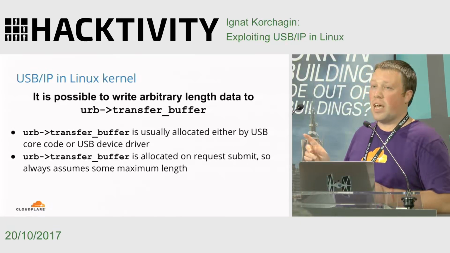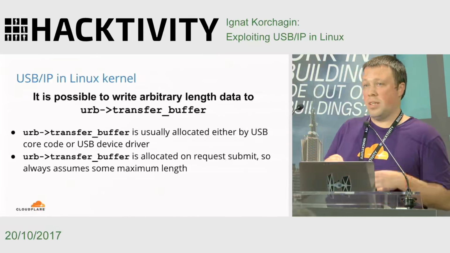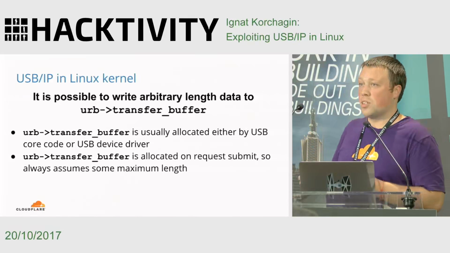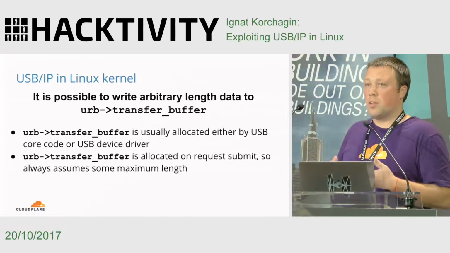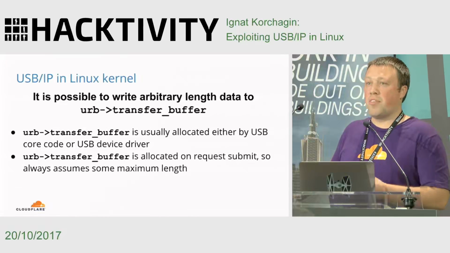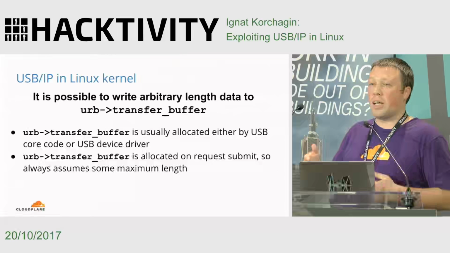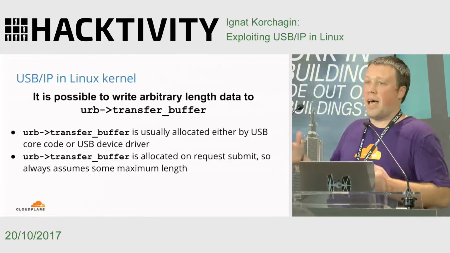So this buffer is allocated even before the host, or in USB/IP terminology the client, sends the request for the data. The code cannot allocate this buffer after it receives the response, so it cannot allocate a large enough buffer to contain any data. The USB protocol has a lot of these assumptions that a specific request will not be bigger than X.